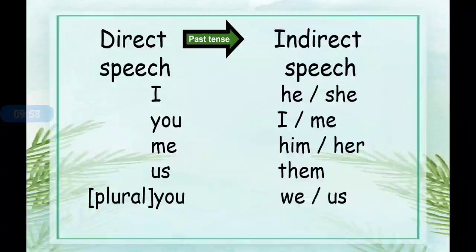So the change of the pronouns would occur in the past tense, present tense and future tense also. But the change in the tense of the sentence inside the quotation marks, that is the direct sentence, would occur only when the reporting verb is in the past tense.